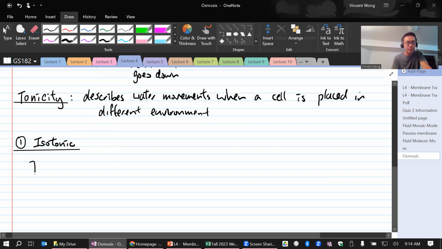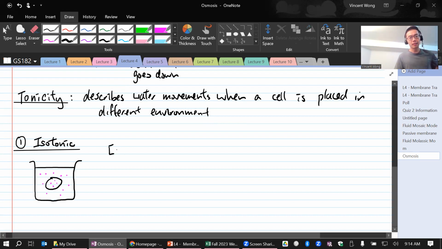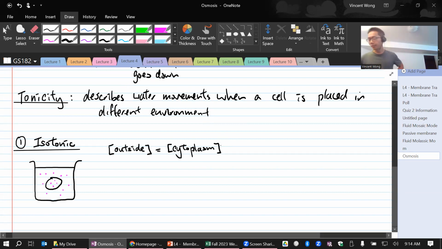Here is a beaker. We'll put a cell in there. In isotonic, the concentration is the same inside and outside. Square brackets mean concentration: the concentration of the outside equals the concentration of the cytoplasm, the inside of the cell. I'll give you a moment to catch up.